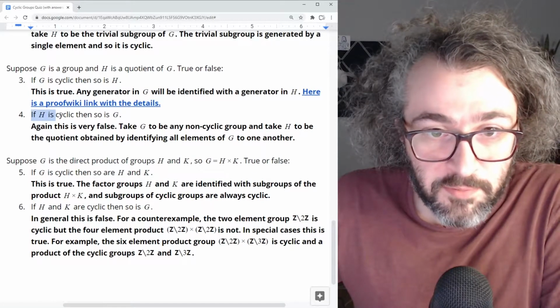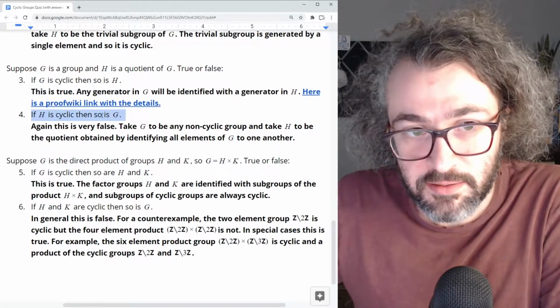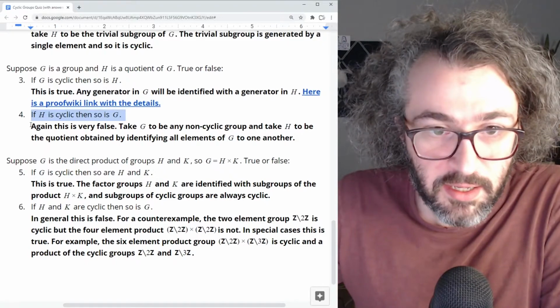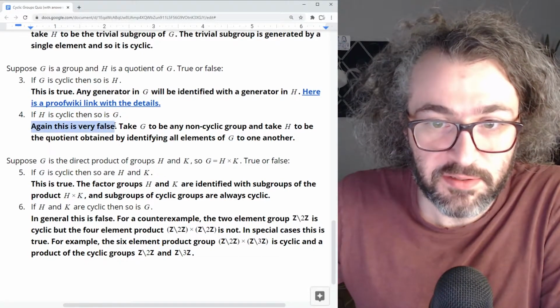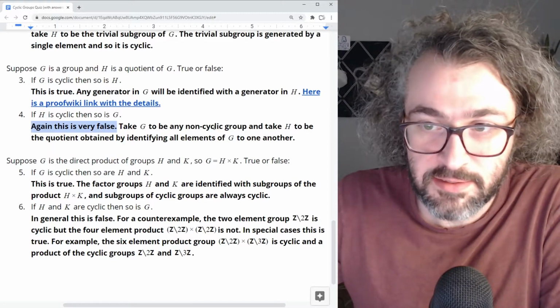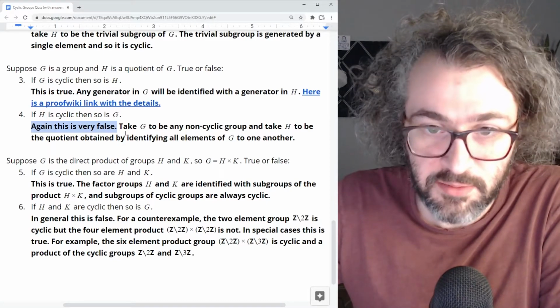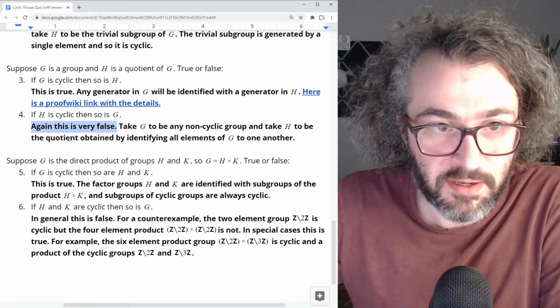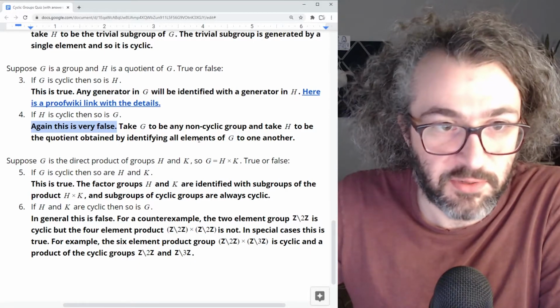And 4, if H is cyclic, then so is G. Again, this is very false. There's lots of counterexamples. You can take G to be any non-cyclic group and then take H to be the quotient you get by identifying every element of G to one another.